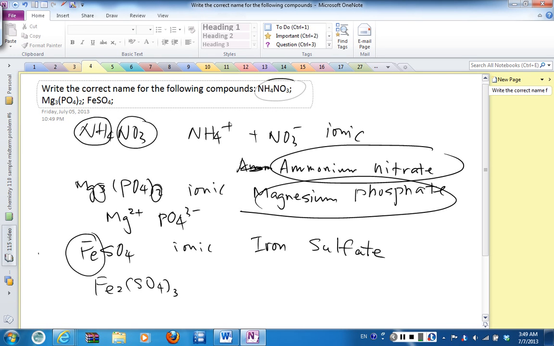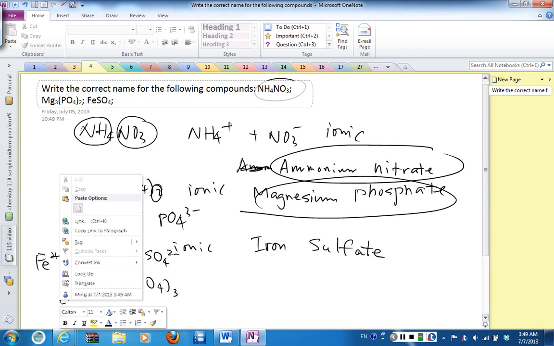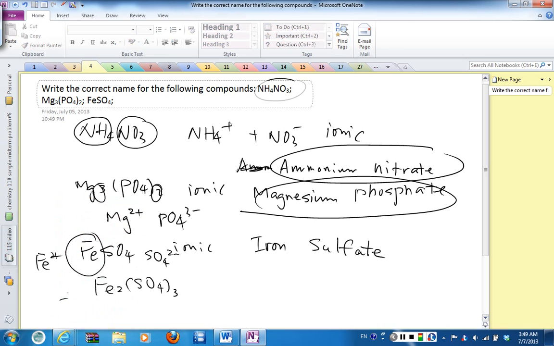In this case, Fe2+, and that matches up with SO4 2 negative one to one. Oops, it's Fe3+, and with SO4 2 negative, it's going to have to match up 2 to 3.